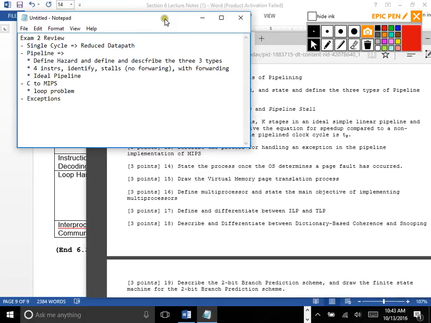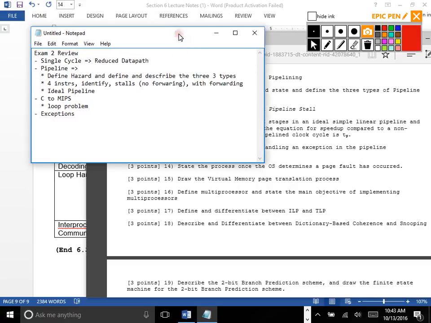So what else? You all tell me. Yes? Drawing a data path. Okay, so that is a single cycle reduced data path. Yep, so specifically about it.